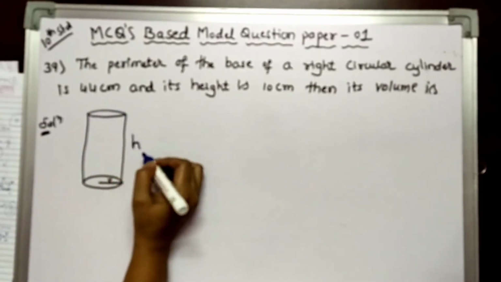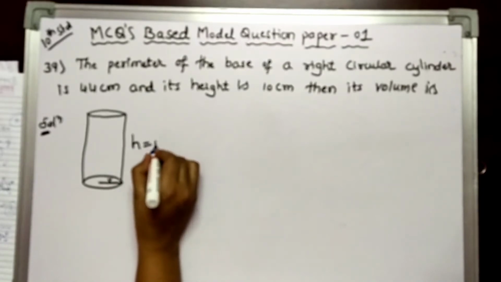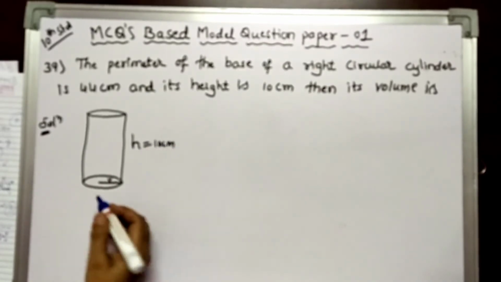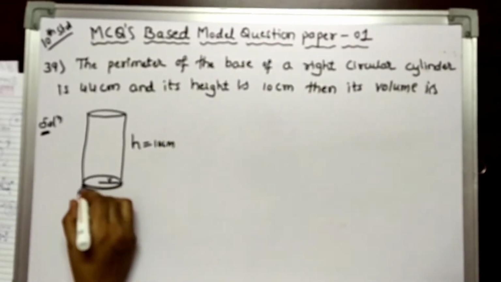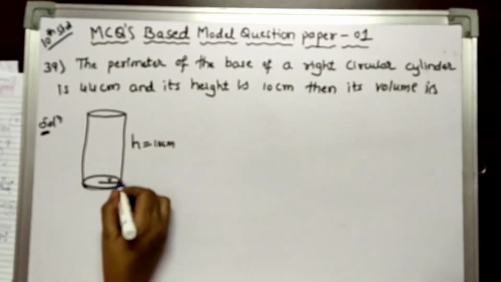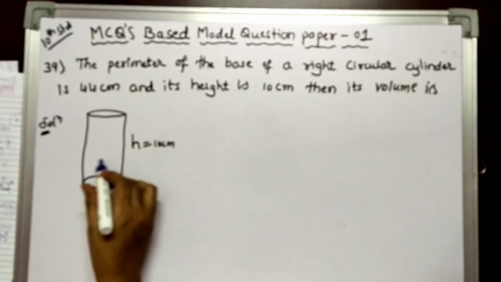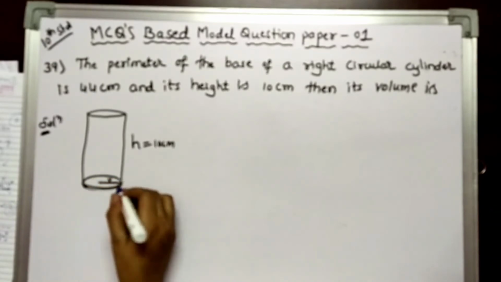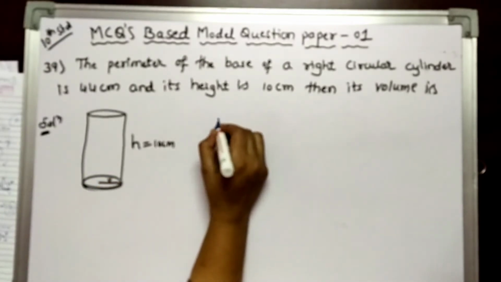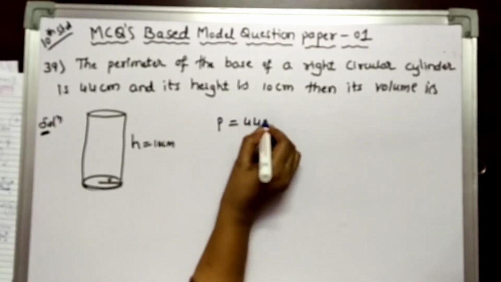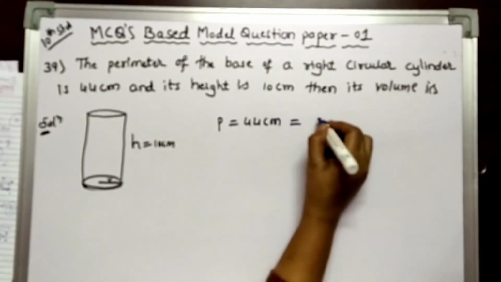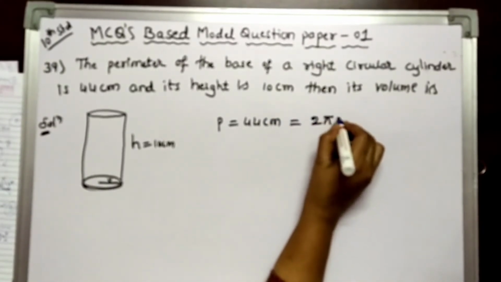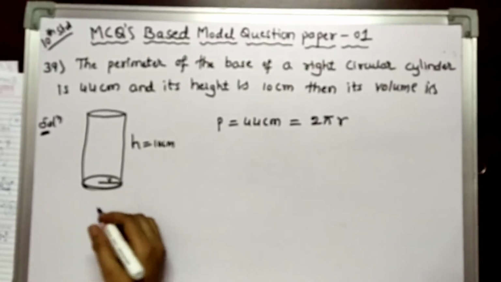The height is 10 centimeters. Perimeter means nothing but the circumference of the base here. So perimeter is equal to 44 centimeters. That is nothing but 2 pi r, the circumference of the base.